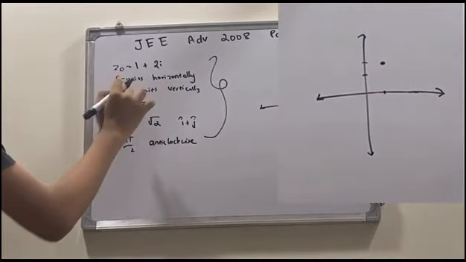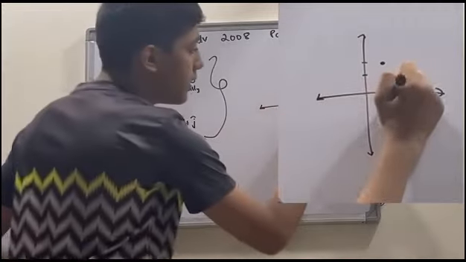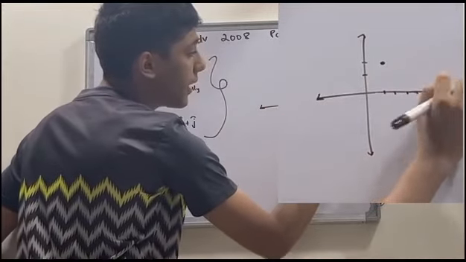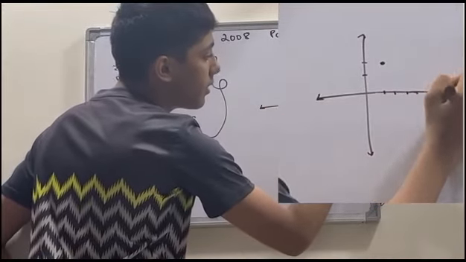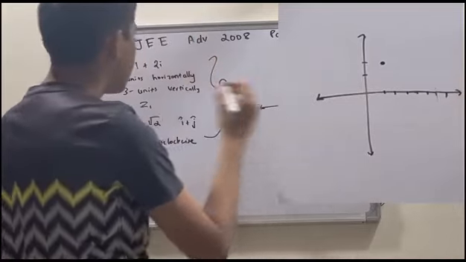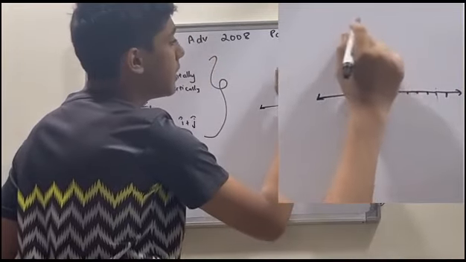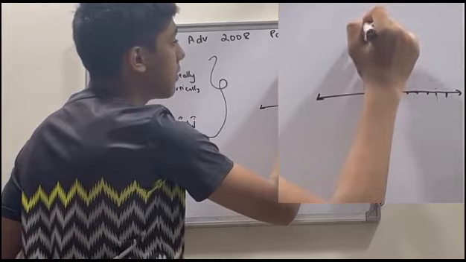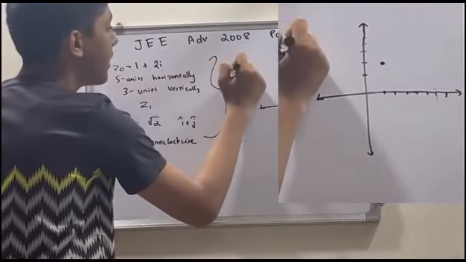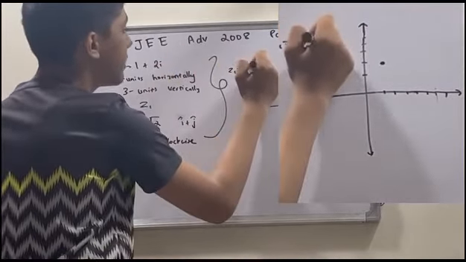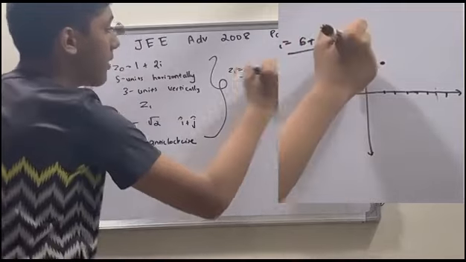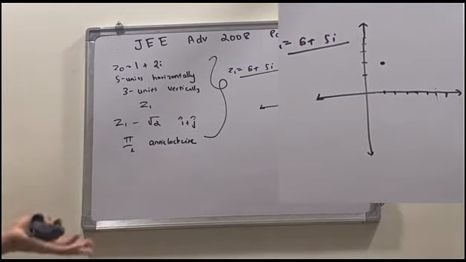Now it's moving 5 units horizontally, so it's going to move 1, 2, 3, 4, 5, all the way till here, 6, and 3 units vertically away from the origin. So z1 is basically going to become 6 plus 5i. That's basically what's happening here.